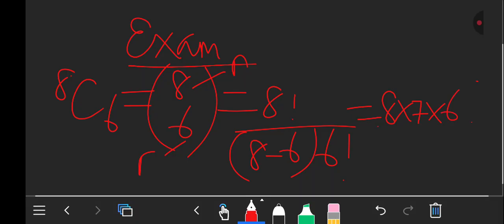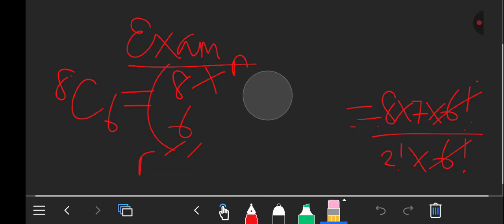We'll just end on 6 factorial so that it will be very easy for us to evaluate this, and there should be a factorial there. Then 8 minus 6 is 2, and there's a factorial multiplied by this factorial. The whole essence of ending on 6 factorial is so that it can cancel with the 6 factorial on the denominator. So what do I have?